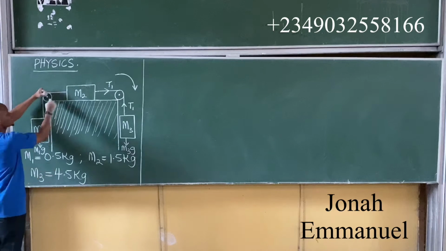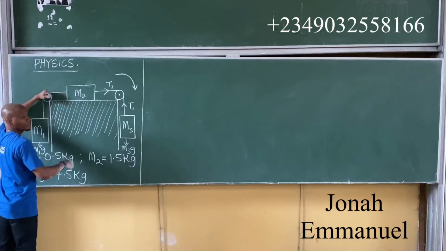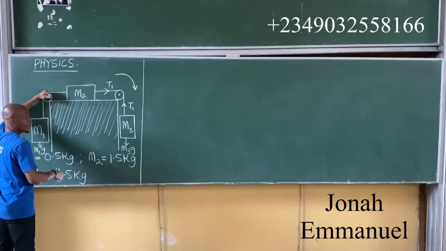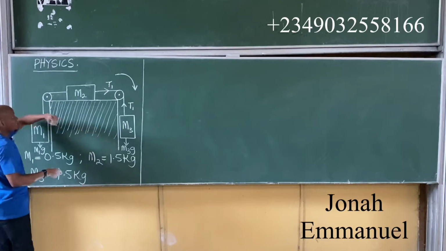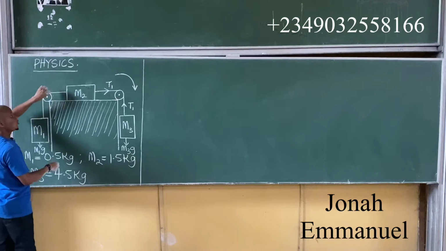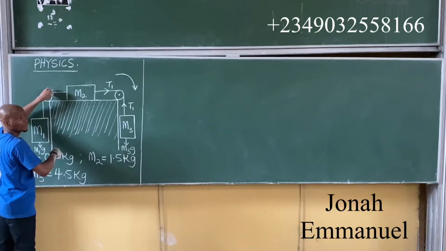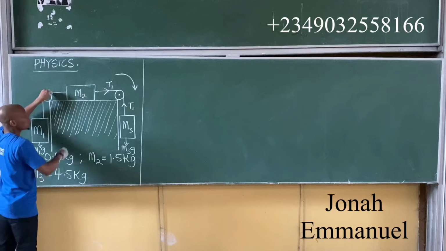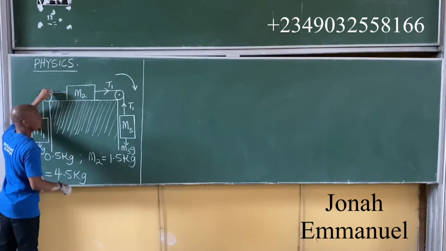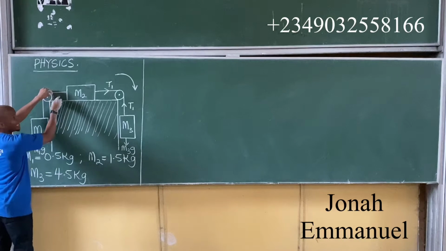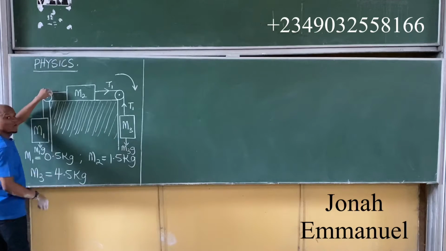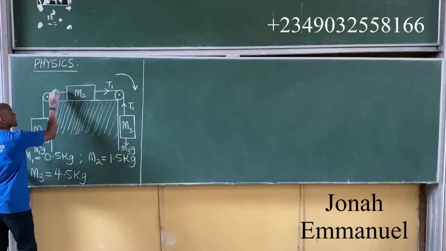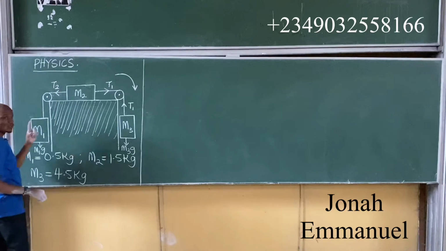If I hold this string here, would they move? Let this be light masses that I can actually hold. If I hold this rope, this mass will not move. If I can hold this rope and this too does not move, the tension here, will it be acting in the same direction or opposite? Opposite. So T2 goes this way instead.